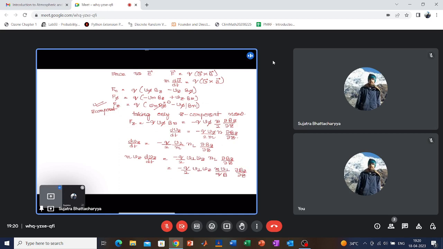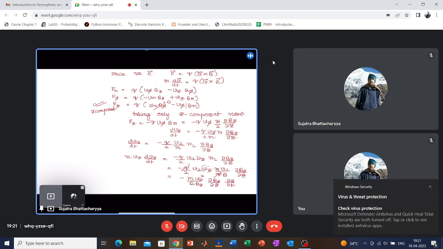So I can chop out these q's, and further we can write as minus m v perpendicular square divided by 2bz, right, delta Bz by delta Z, and this Vz can be written as delta Z by delta T.